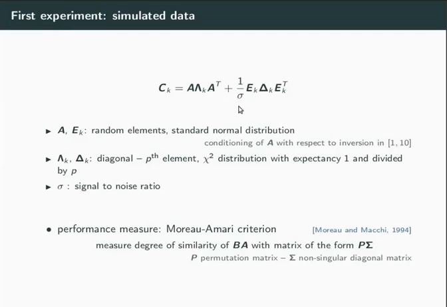To measure the performance of the recovery, we used the classical Moreau-Amari criterion, which measures the degree of similarity of BA with a matrix of the form P sigma, where P is a permutation matrix and sigma is a non-singular diagonal matrix, because if BA is equal to a matrix of this form, then we have perfect recovery.